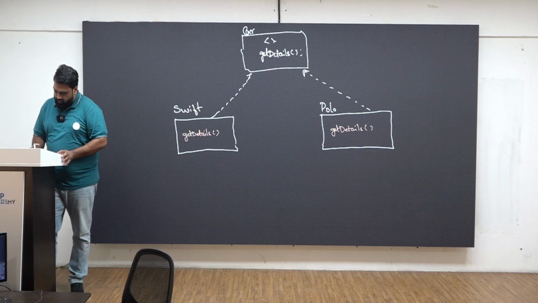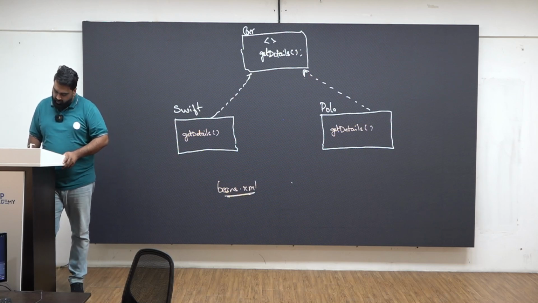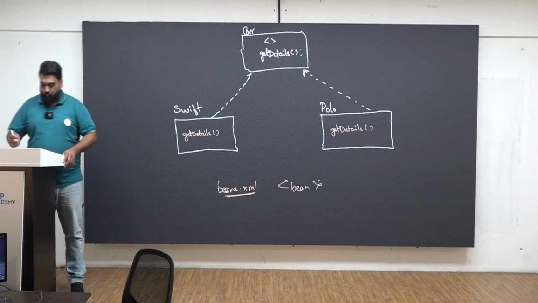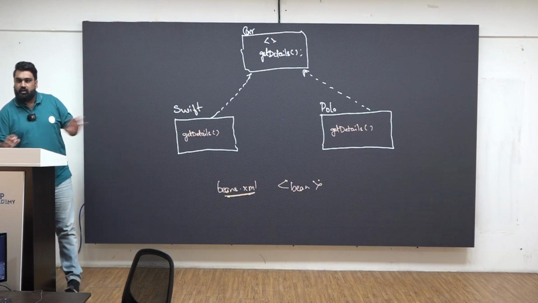Then I will have a beans.xml file. In the beans.xml file, I will write bean tags for both my cars, that is Swift and also the Polo car, right? I hope what I am going to do here is clear.